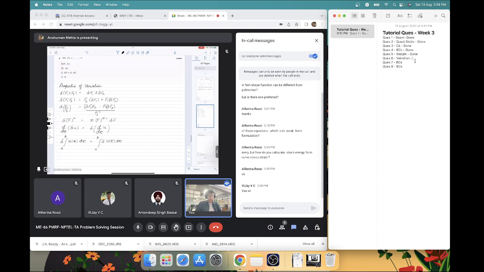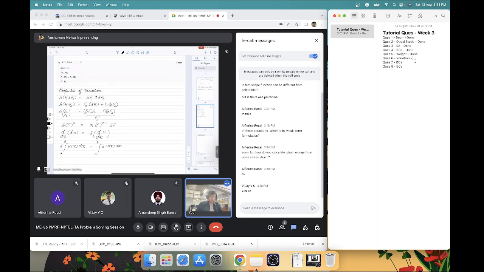Now the next question is regarding the properties of variation. Variation and differentiation is something about which there is a lot of confusion. The properties are nearly the same. For example, the differentiation can come out of the variation, and the variation can come out of the differentiation.